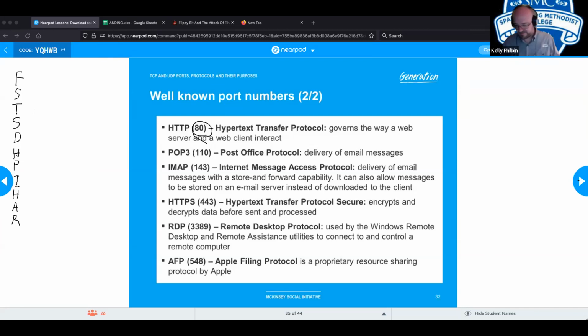So the mnemonic. So I put it in chat. For safe technicians, simple deeds help put immature hackers at rest.